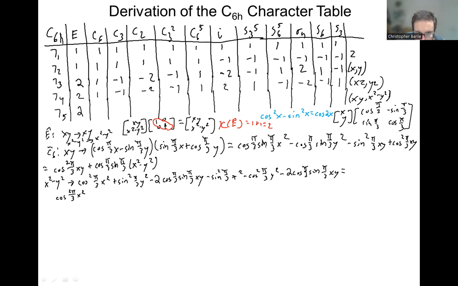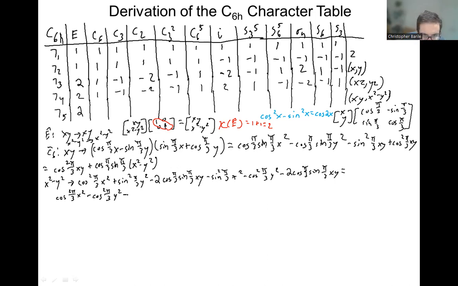And then we have this y squared term, which is sine squared pi over 3 y squared minus cosine squared pi over 3 y squared. Well, that's the negative of this term, right? If we factor the minus out, we get a positive sign of minus cosine. So that's going to become a negative cosine 2 pi over 3 y squared.